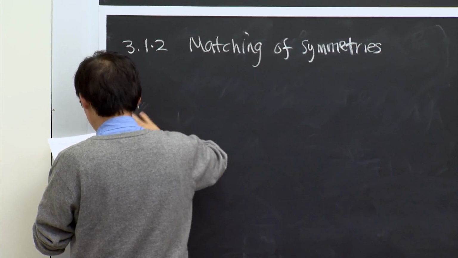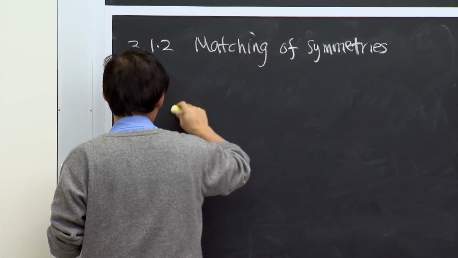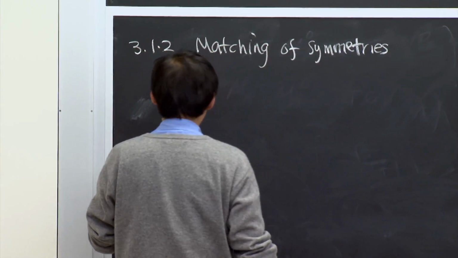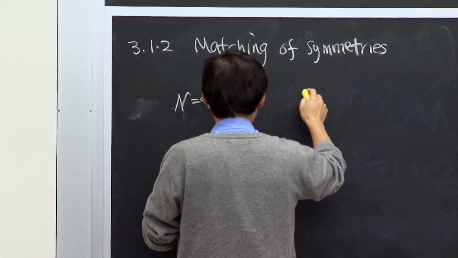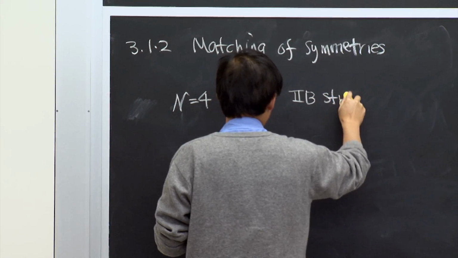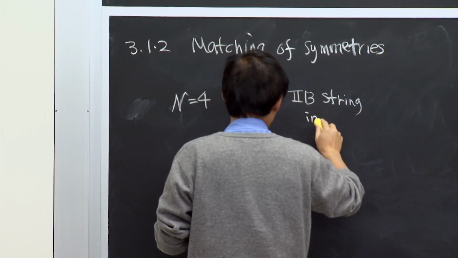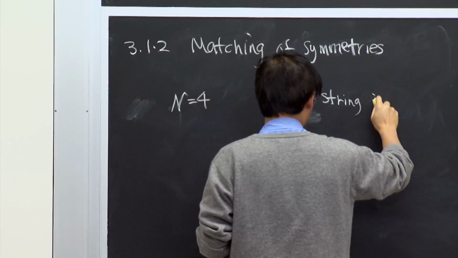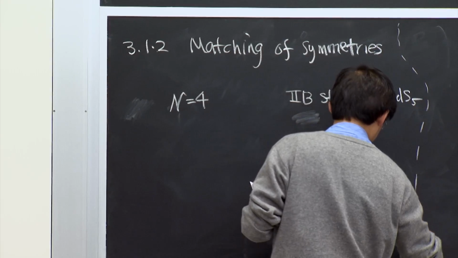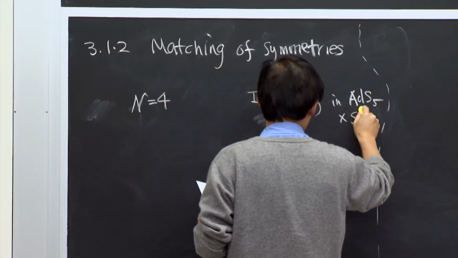We have N=4 super Yang-Mills theory, and here you have type IIB string theory in AdS5 times S5. Let me just write down AdS5 for simplicity.